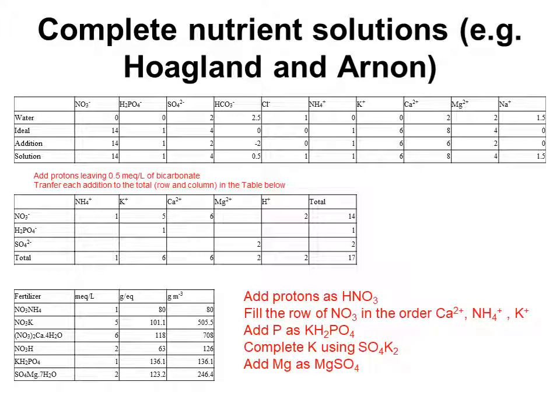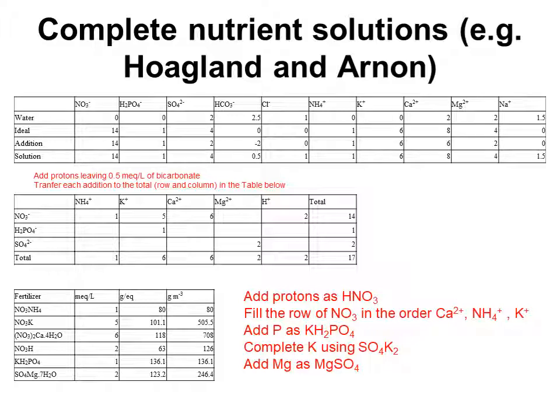Here we have translated that into this other table. Here we see the chemical formulas and the milliequivalents per liter. Now we go to the table that we saw before and we put here the grams per equivalent for this compound. So we need 1 milliequivalent per liter of ammonium nitrate.